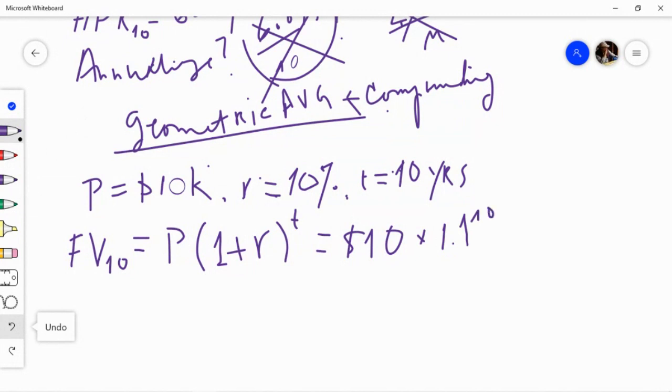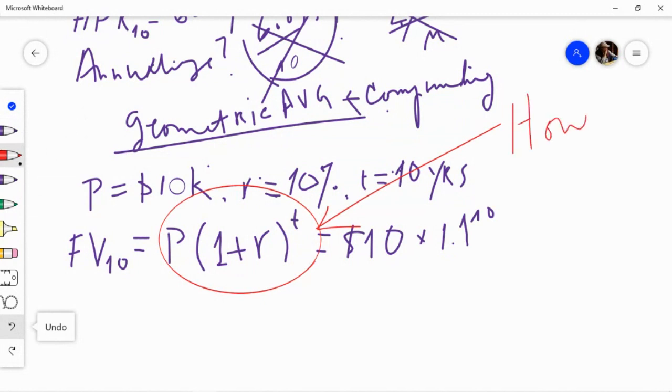But the thing is, this is only the end result, right? You don't know how this formula was arrived at. In other words, how and why? This is the important thing.